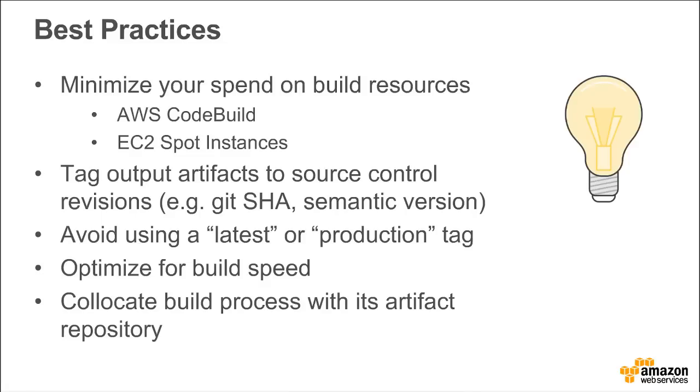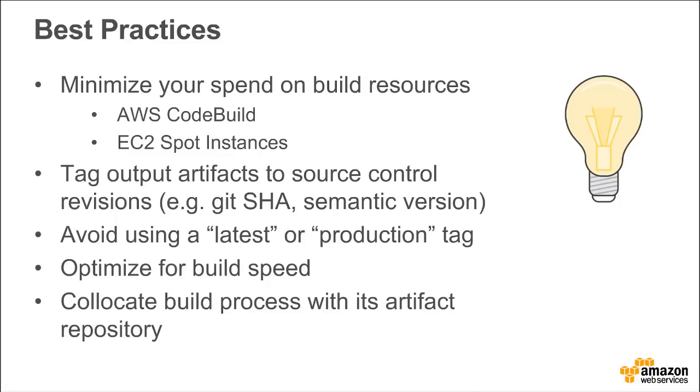You don't want to sacrifice capacity for your development team for cost, but there are ways to extend your buying power by using managed services like AWS CodeBuild, where you get per minute billing, or the EC2 spot instances in the spot market, where you could bid for the amount you're willing to pay for your build instances. And as I mentioned, Jenkins has direct integration with the spot market through a plugin, so it's a great way to very quickly shave some money off your monthly bill.